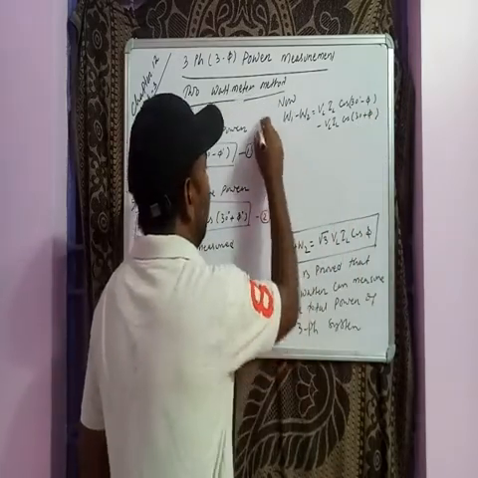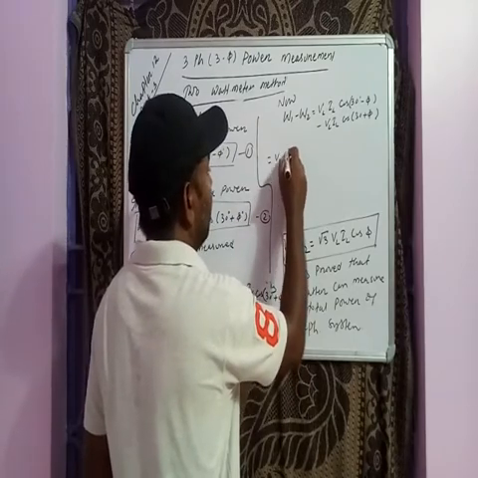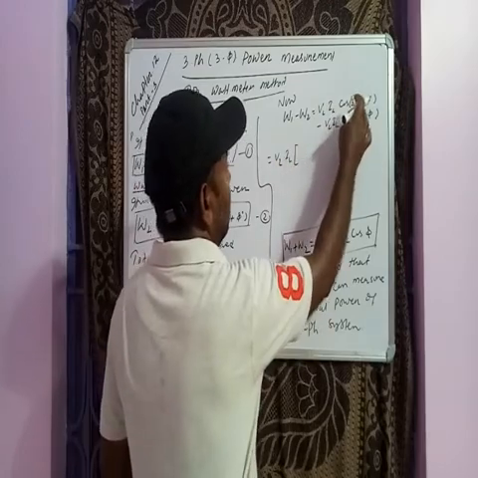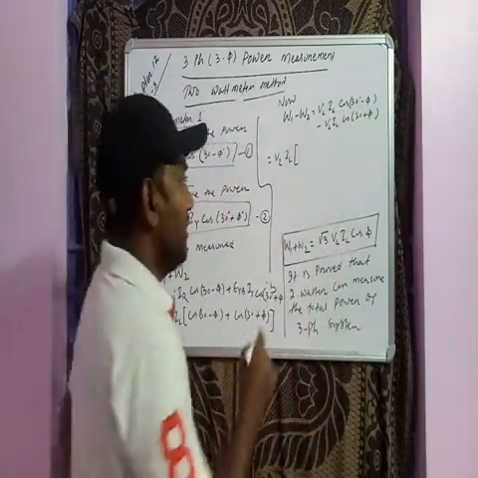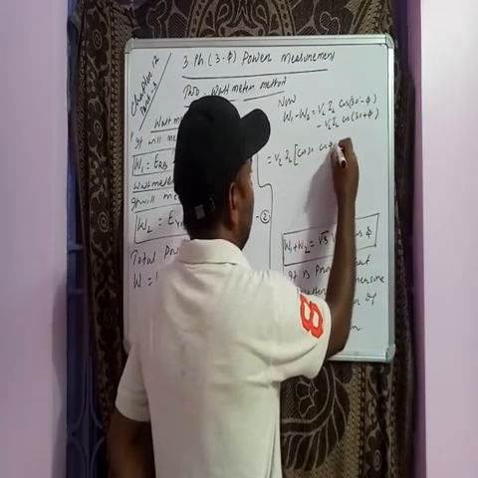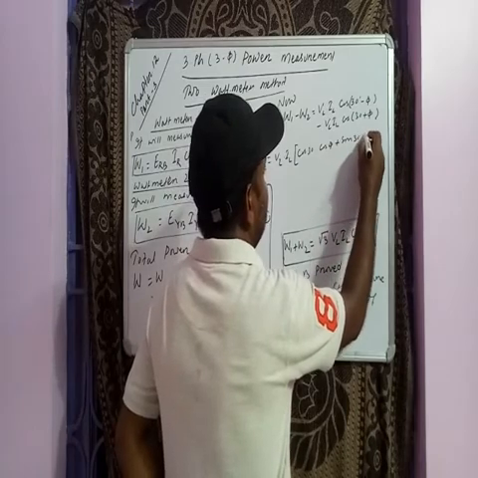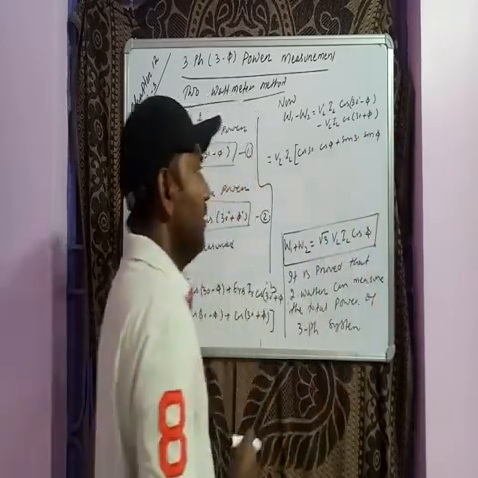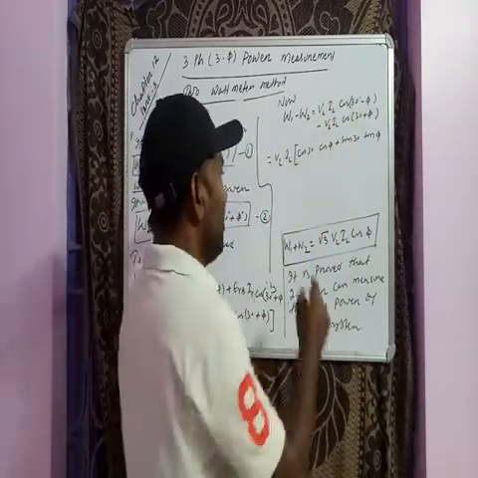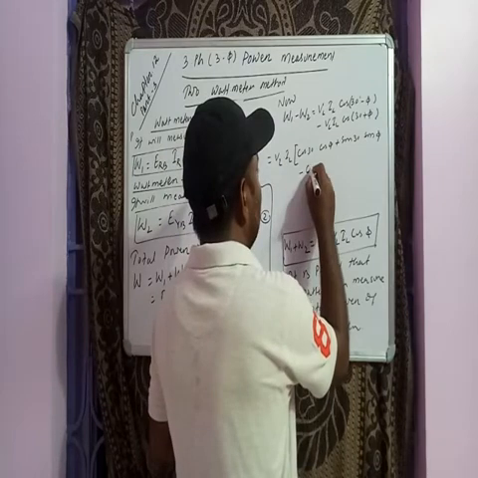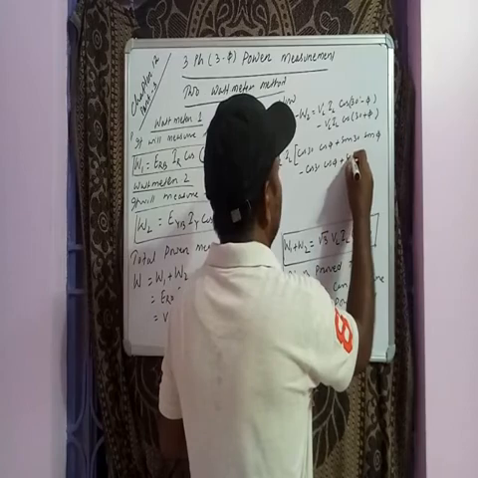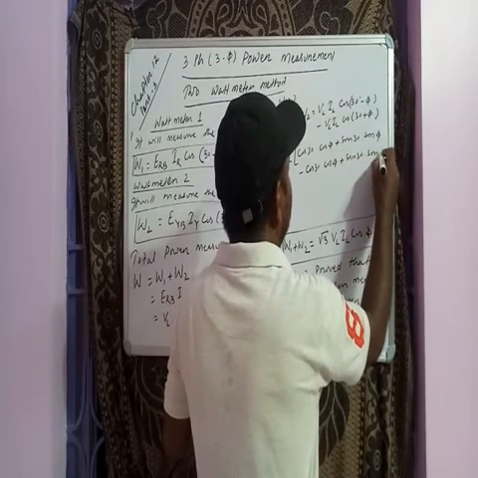So if we take VL IL common, then it is cos (30 minus phi). What does it give? Cos 30 into cos phi plus sin 30 into sin phi, minus cos (30 plus phi). So this will give minus cos 30 degree into cos phi plus sin 30 degree into sin phi.